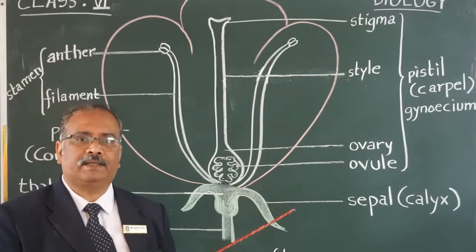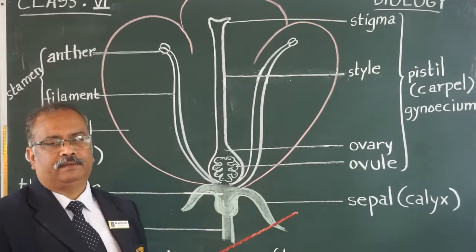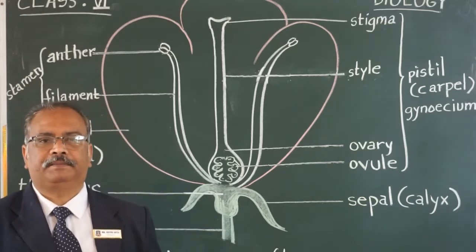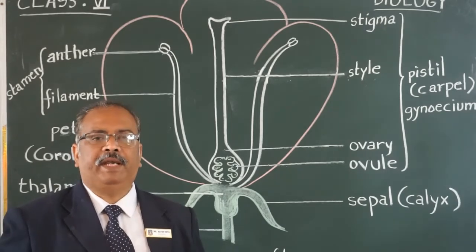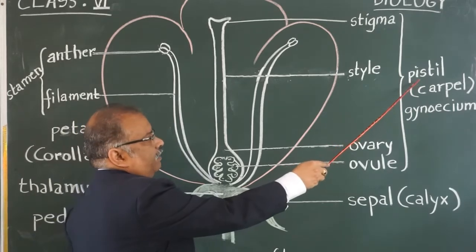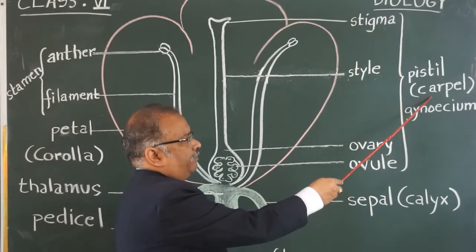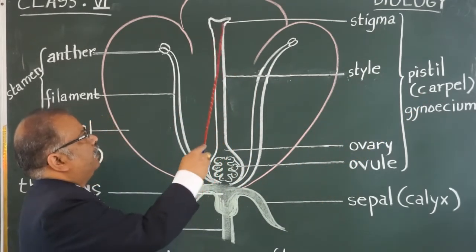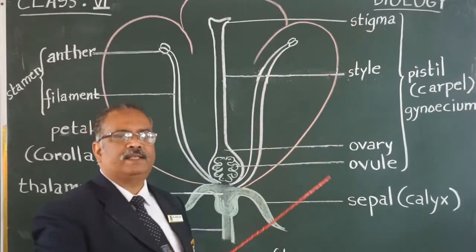Last but not the least, the innermost whorl of the flower, which can also be called the female reproductive part or gynoecium, is made up of pistil. Another name for this is carpel. So there are three parts of it. At the tip you can see the stigma, which is a sticky part.